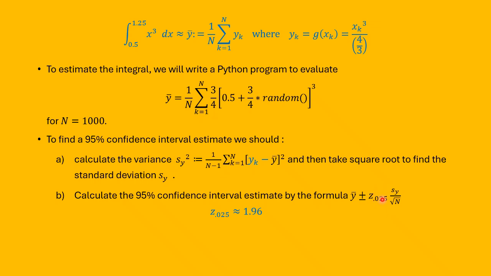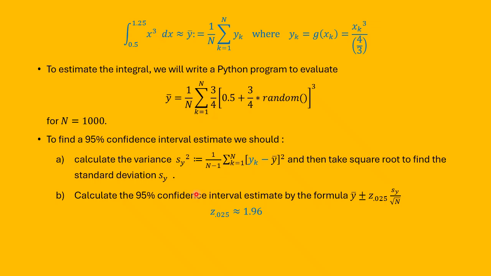By using standard normal tables and your knowledge of an elementary statistics course, you can find that that critical value is 1.96. So now we have all the tools in order to find a point estimate of this integral and also a 95% confidence level interval estimate of this number, this definite integral.